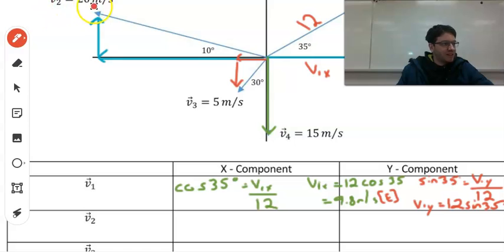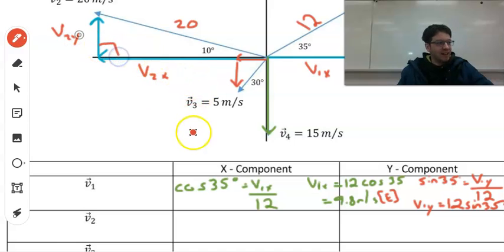Now V2 is 20 meters per second. It's this vector here, so that's 20. This would be V2x, and this would be V2y. And that is, once again, a nice right angled triangle. So to solve for our x component, again, we can use cosine.